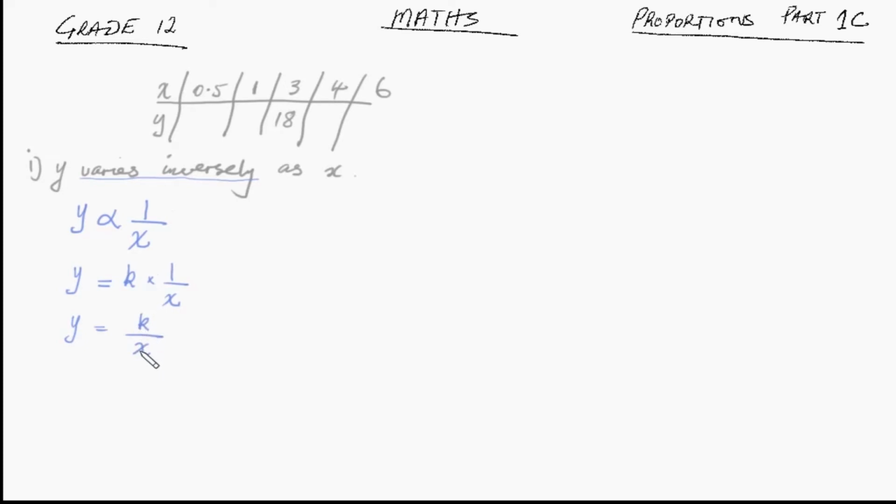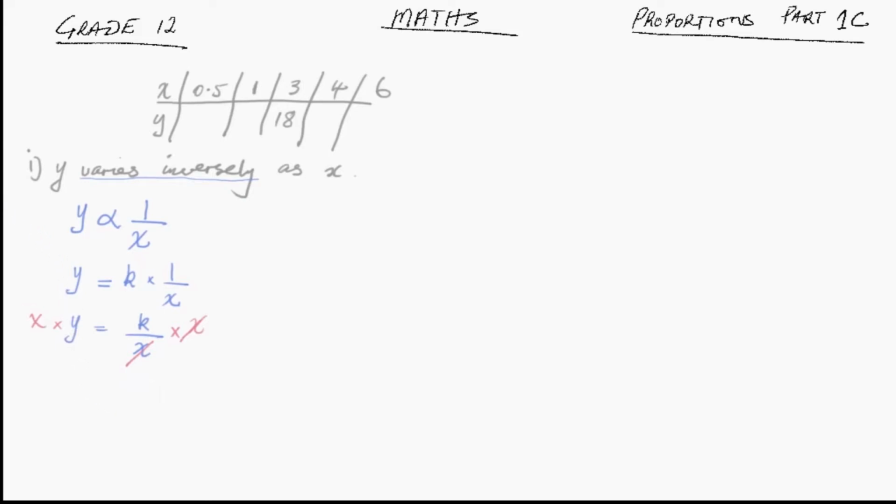Everywhere you come, for example here, you will say y equals k over 0.5. But unless you know the value of k, you cannot find y. So it's wise for us to find k first. Let's multiply by x so that this cancels this, so that we know what k is.